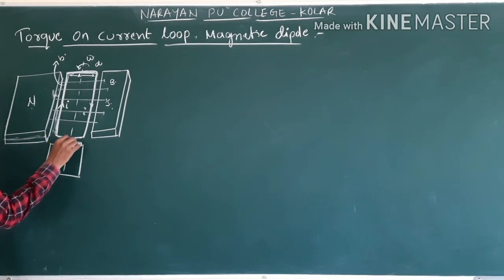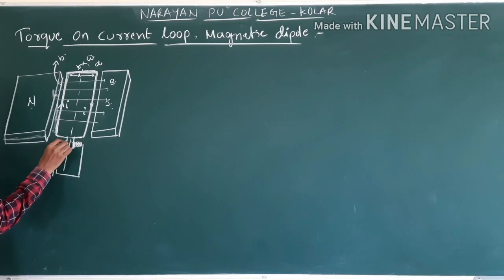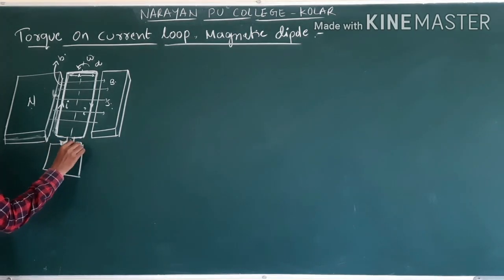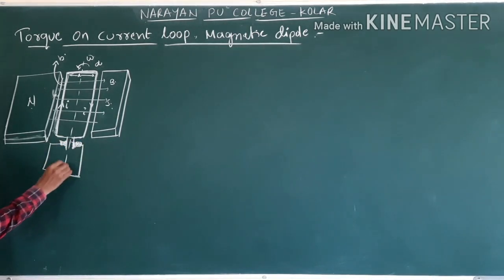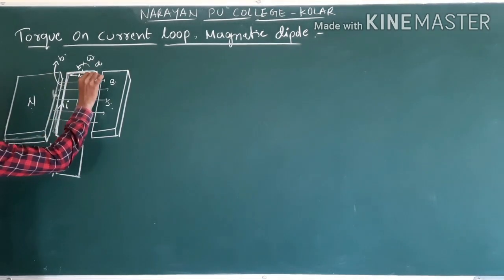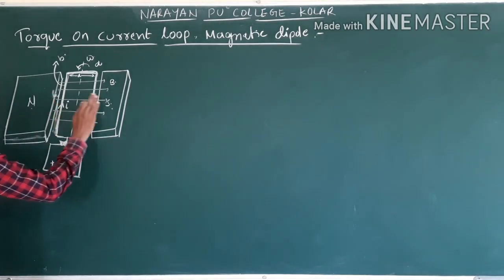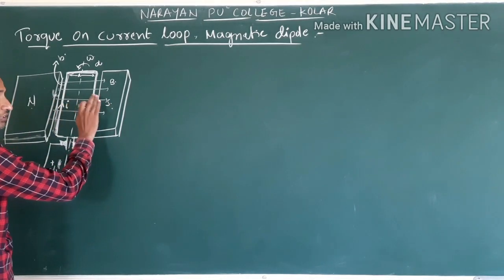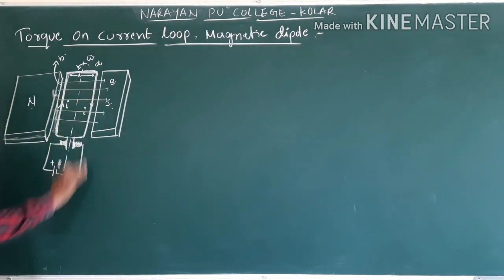Now these ends are connected to slip rings. The slip rings are connected to carbon brushes, which are connected to a battery to allow the current to flow. When the battery supplies current, it passes through the coil like this. The magnetic field already exists, as we placed the coil in the magnetic field.